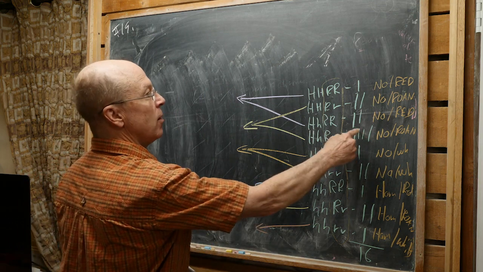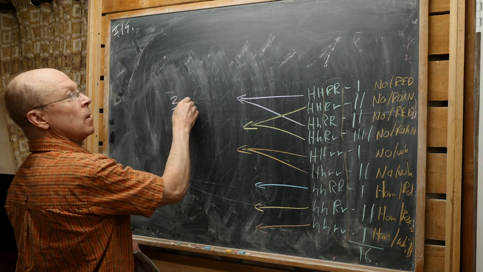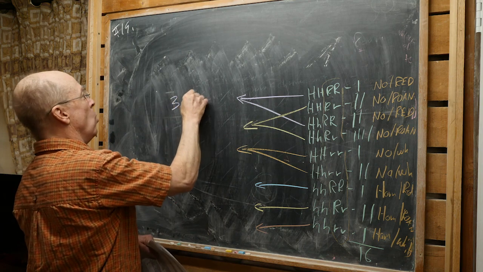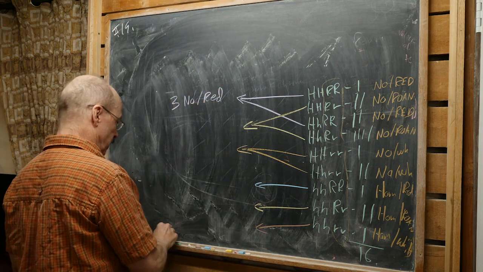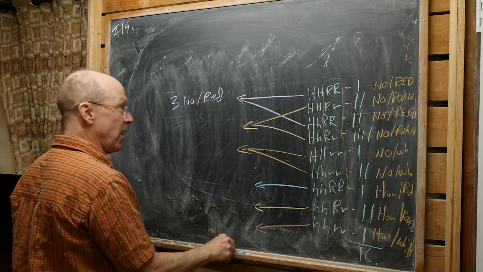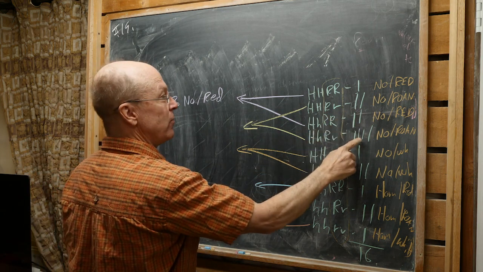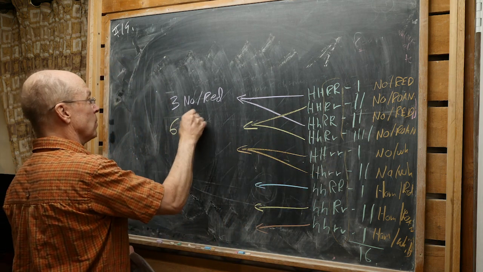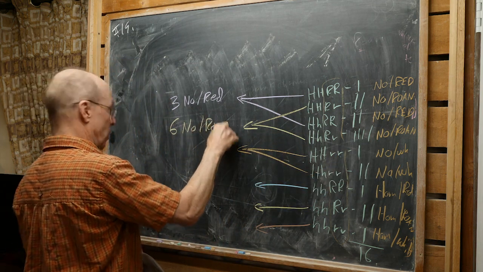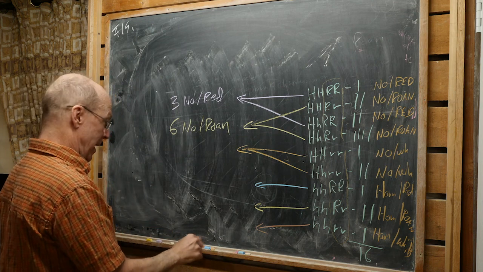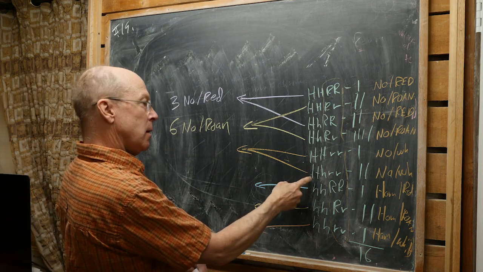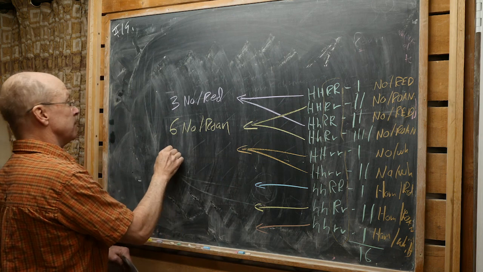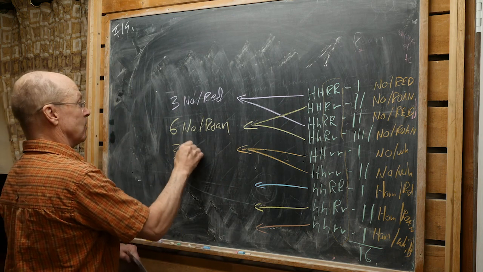So we have a total of 3 no horn reds. We have a total of 1, 2, 3, 4, 5, 6 no roan. We have 3 no whites.